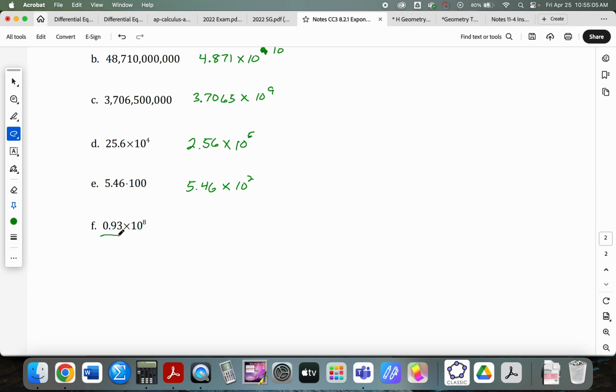And the problem here is this first number needs to be 1 or larger. So what am I going to make that? 9.3 times, I had 10 to the 8th. Did this number get bigger or smaller? Larger. So the exponent needs to get smaller. So 10 to the 7th.